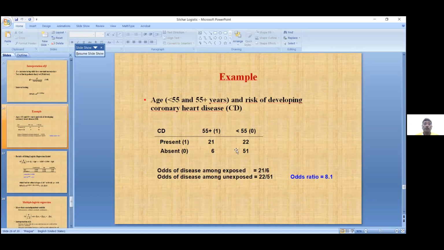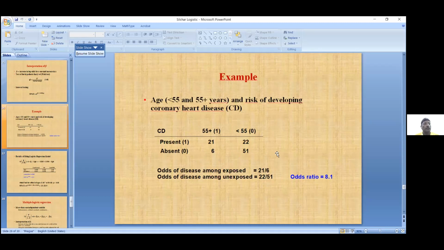Suppose I would like to compute AD by BC. This is A, this is B, this is C, this is D. AD means 21 into 51 divided by 6 into 22. The value is the same. What is the ratio of this? 21 upon 6 divided by 22 upon 51 is equal to 21 into 51 divided by 6 into 22. So AD by BC is the primary rule to get the result.